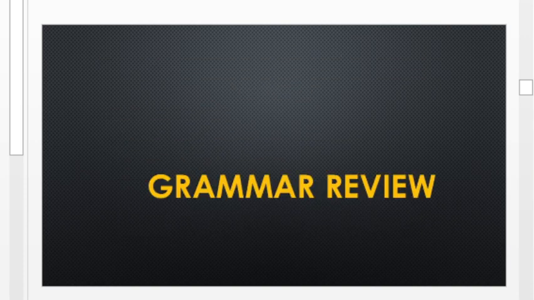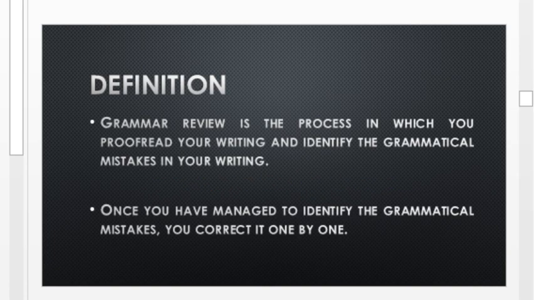And then in writing a report, it is important for us to look at the effectiveness of the grammar. So grammar review is one process in which you proofread your writing and identify the grammatical mistakes in your writing, because wrong grammatical features in your report would lead to another meaning.